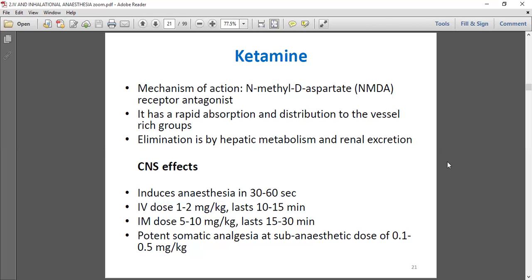This NMDA receptor has antagonists which act in different ways. You have competitive and non-competitive inhibitors. Ketamine is a non-competitive inhibitor of the NMDA receptor.